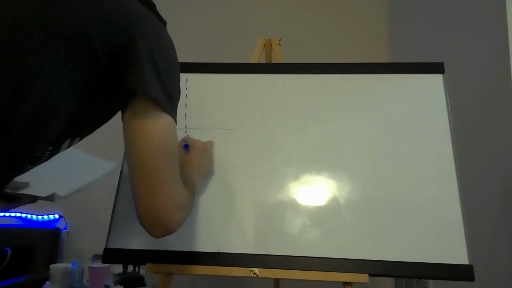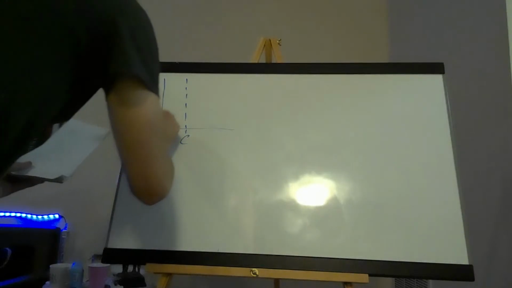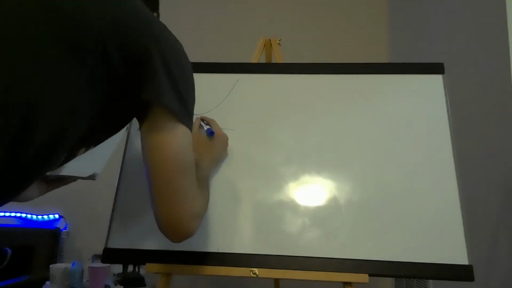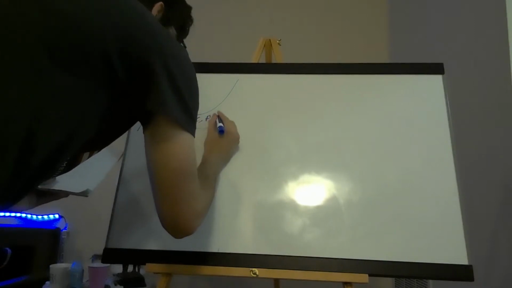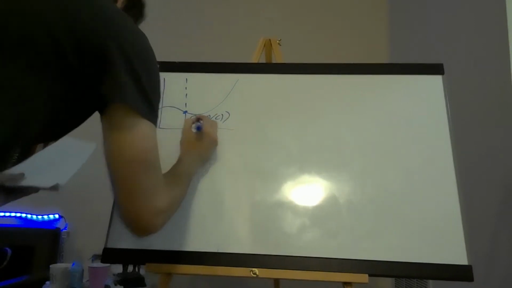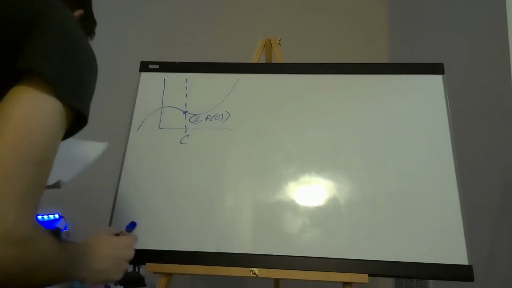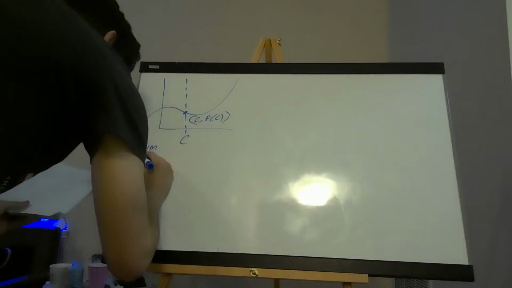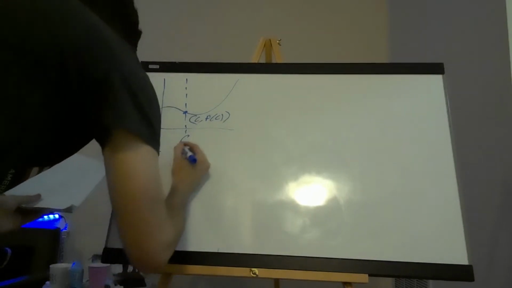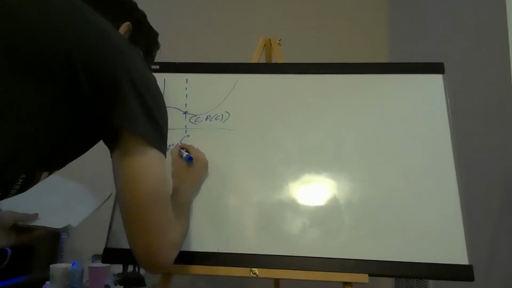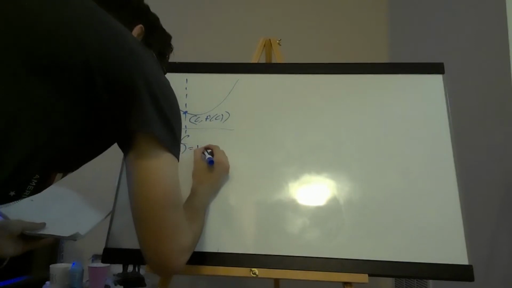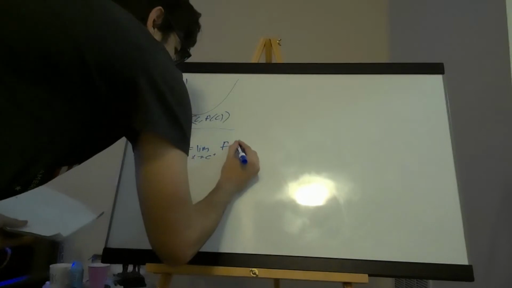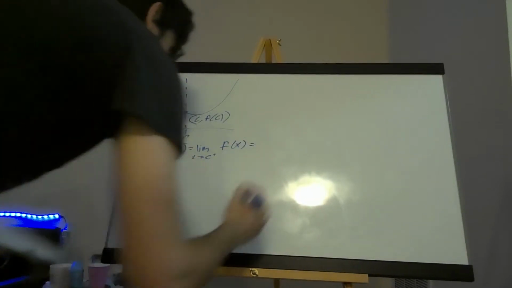So we got our constant c here. Let's see. I'm just going to draw out some graphs because I think that's probably the best way to represent continuity. So this is: limit as x approaches c from the left side for the function f of x equals limit as x approaches c from the right side for the function f of x equals f of c.